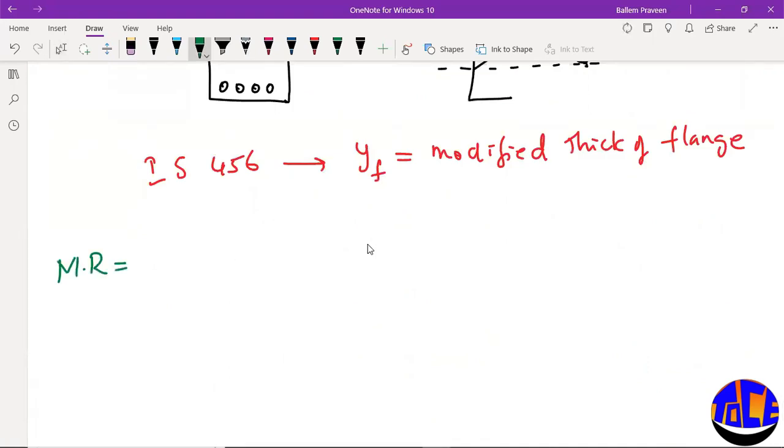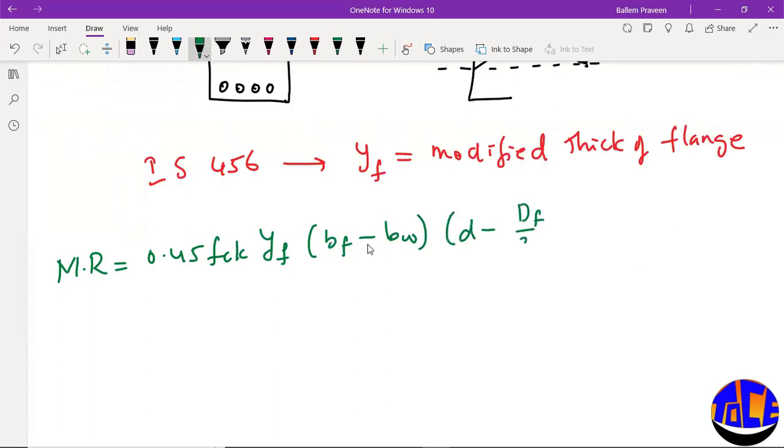Moment of resistance is equal to 0.45 fck, and in place of df you substitute yf, into bf minus bw, times the lever arm d minus yf by 2, plus 0.36 fck bw xu into d minus 0.42 xu.